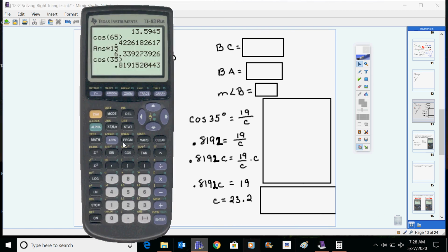Here's the thing. There is a trick to this, but since you're just learning, let's show you the long way first. It's not really much shorter actually, because you're dividing by the last answer. So you're a little safer just doing 19 divided by 0.8192, and we get 23.2.